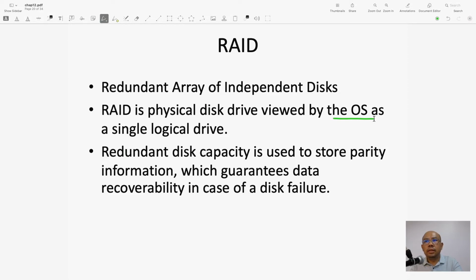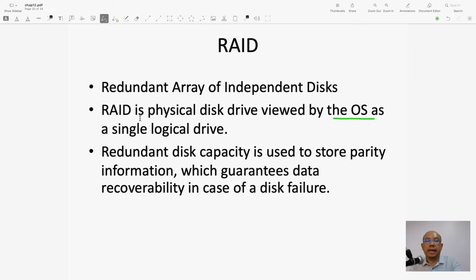RAID is used in very large data storage and in systems that need very high speed data transfer, very large data transfers.